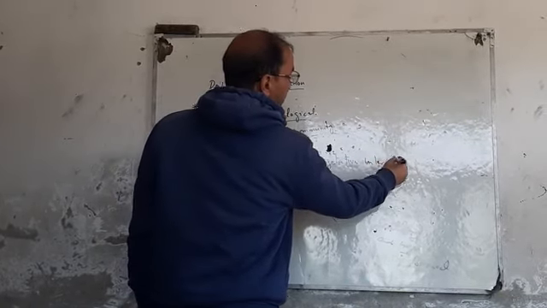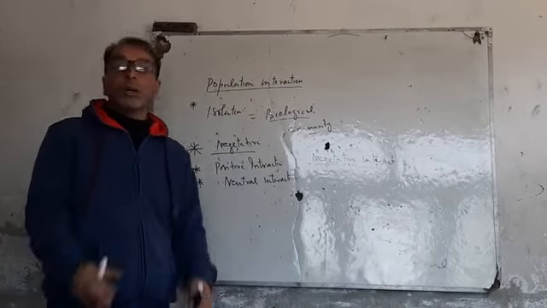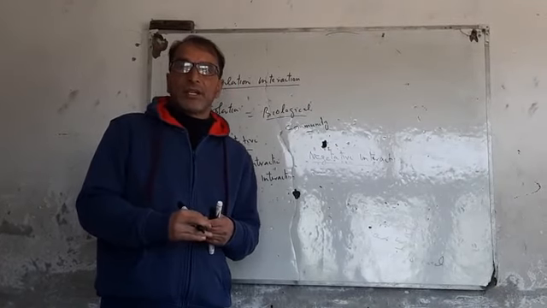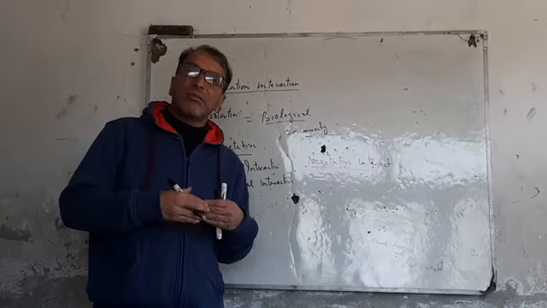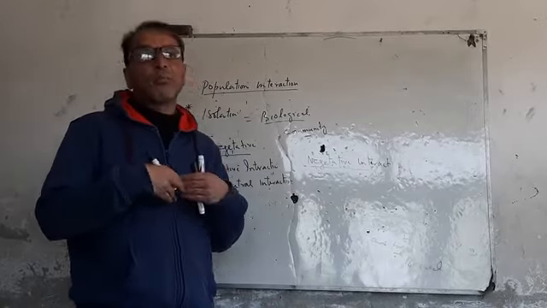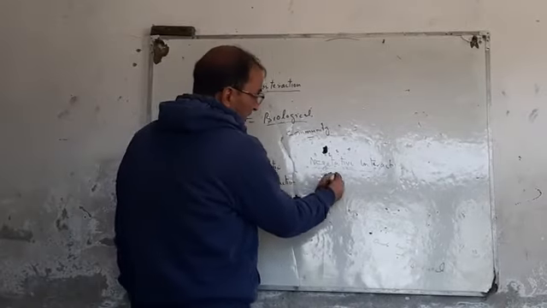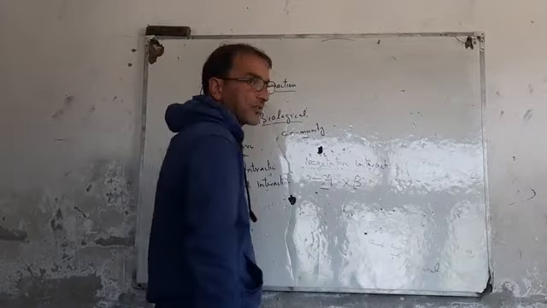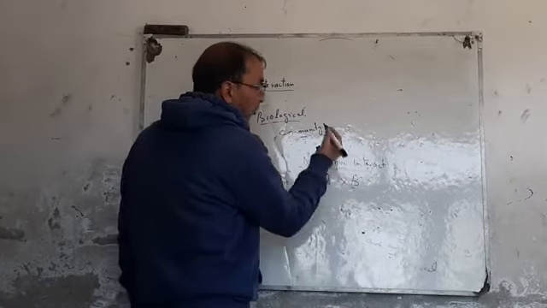In negative interactions, out of the two interacting species, this interaction will be detrimental. Suppose there is an interaction between A and B, two different plants, two different animals, or one plant and one animal.